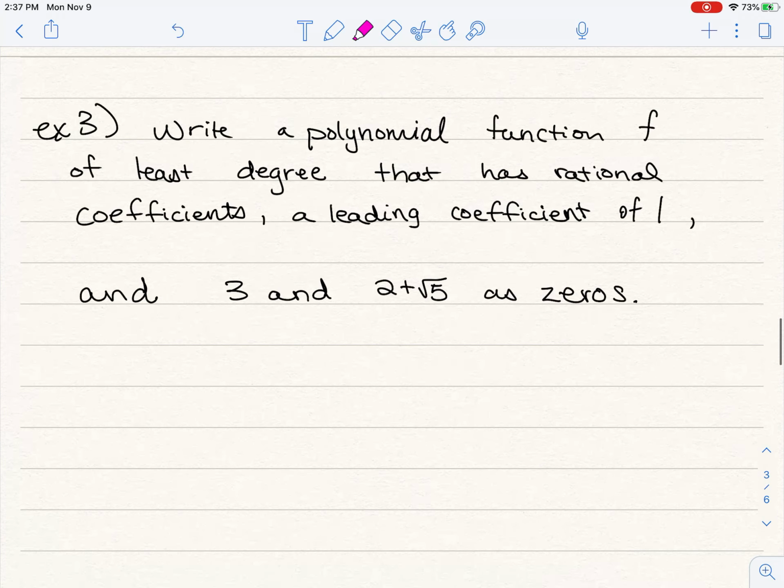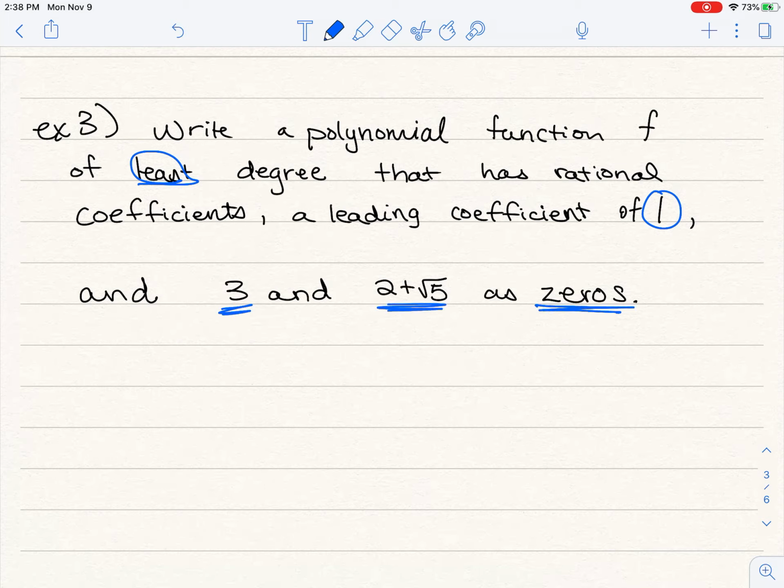So let's say, for example, they wanted you to write a function of least degree, which just means we're not multiplying any extra things to make it a bigger degree. So it's the most basic function and has a leading coefficient of 1, which again just means we're finding the least complicated, most basic function we can.